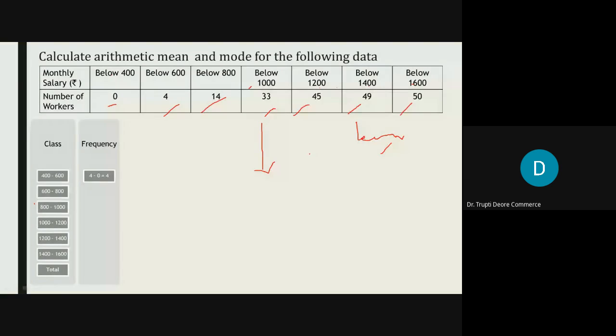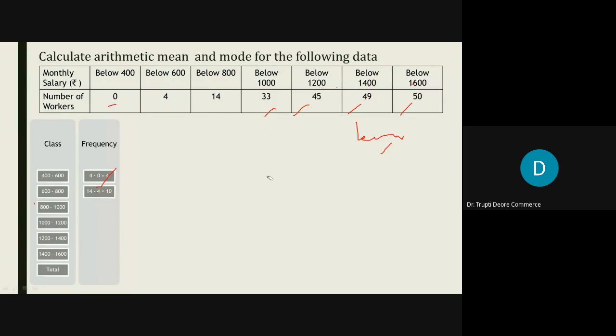If we want to find out the frequency, then we have to subtract the less than frequency of the previous class from the less than frequency of the next class. So for the first class, frequency will be 4 minus 0, that is 4. For the next class, it will be 14 minus 4.